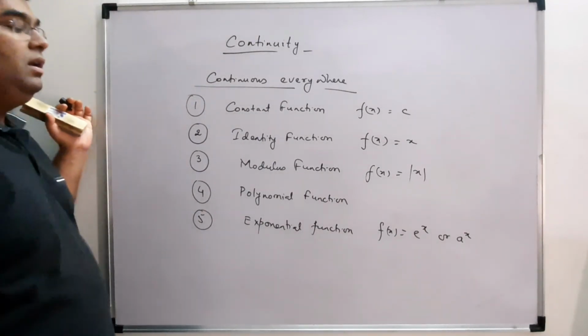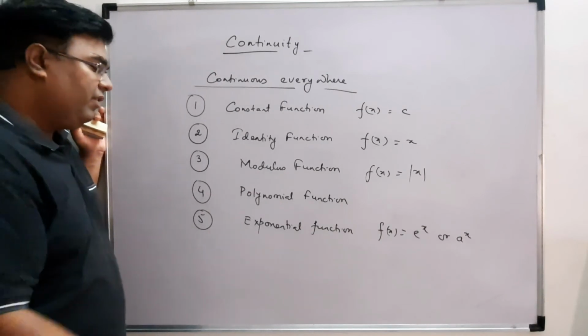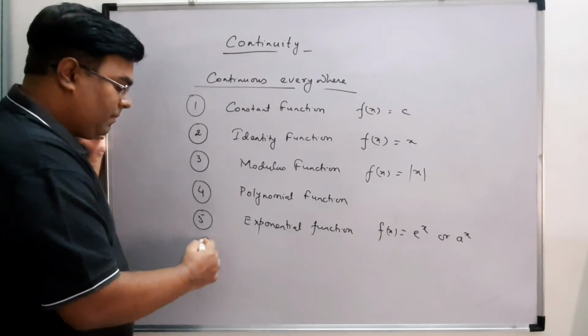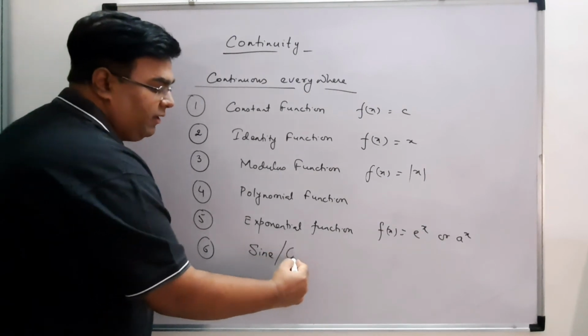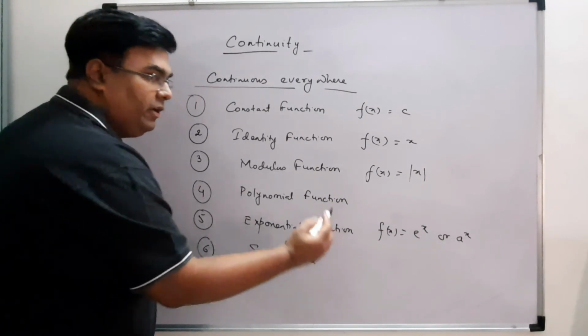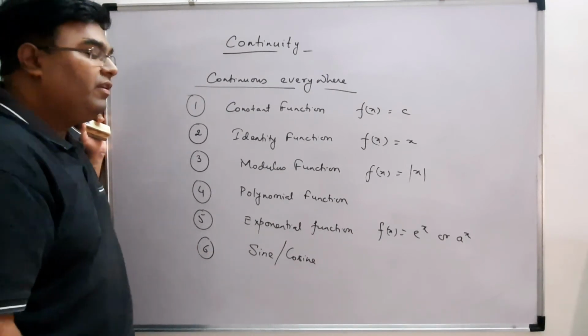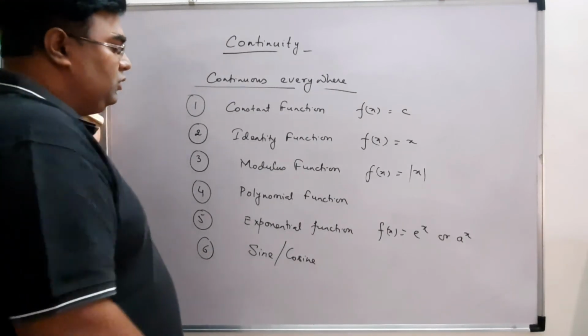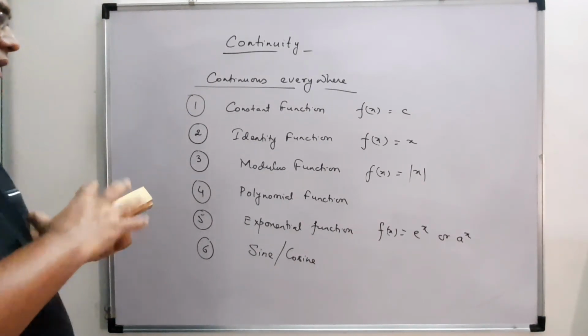This is called my exponential function. This is also continuous everywhere. Sixth, sine and cosine. In trigonometry, only these two functions are continuous everywhere. Right. So these are the examples of functions which are continuous everywhere.